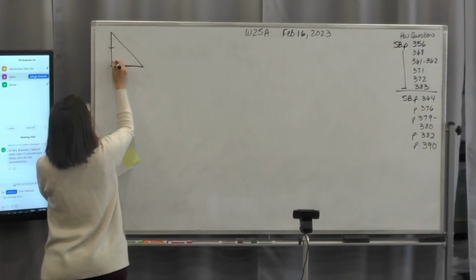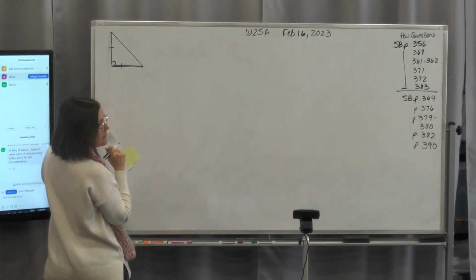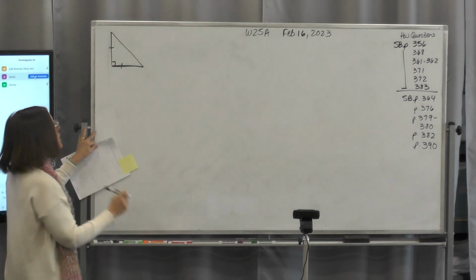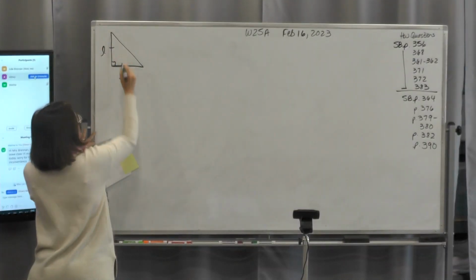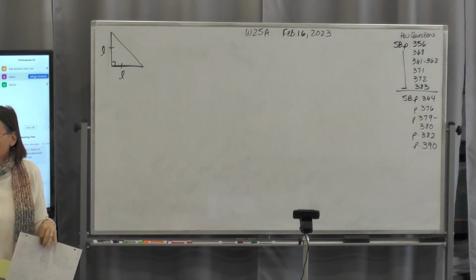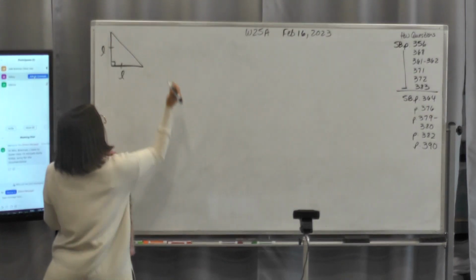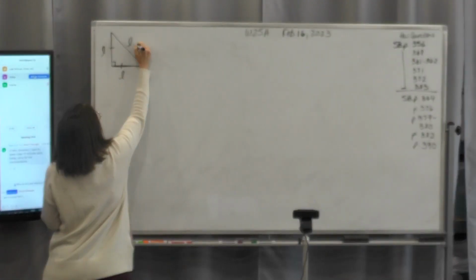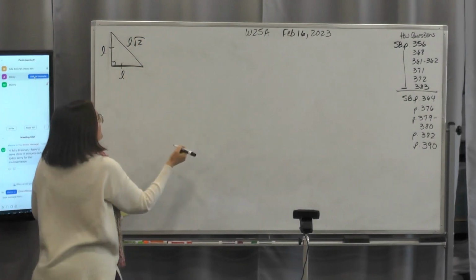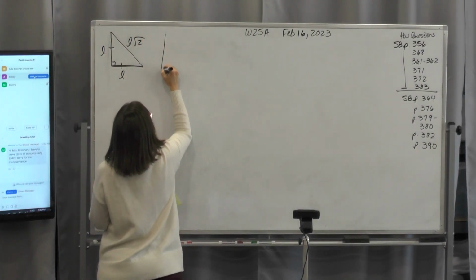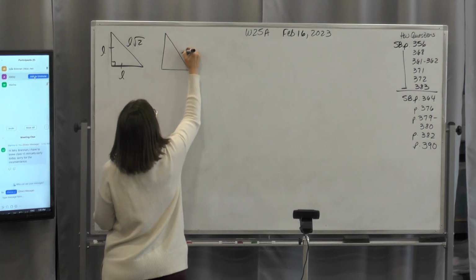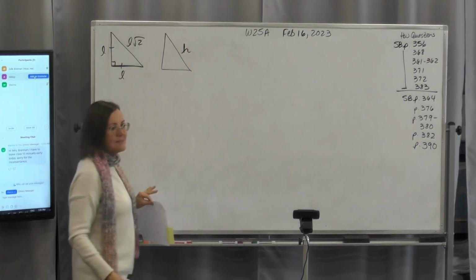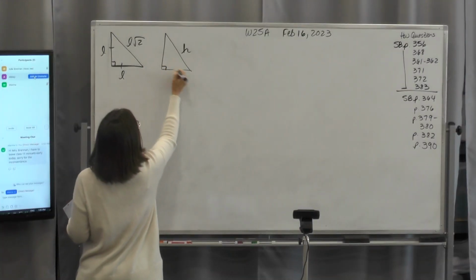Isosceles right, think of it as half of a square, right? So, if this is a leg, well, this leg is going to be the same as isosceles, and the hypotenuse would be the leg times the square root of 2. Notice, I don't tend to write this on an organizer, but let's just say this is the hypotenuse. We could also go backwards with this, right?